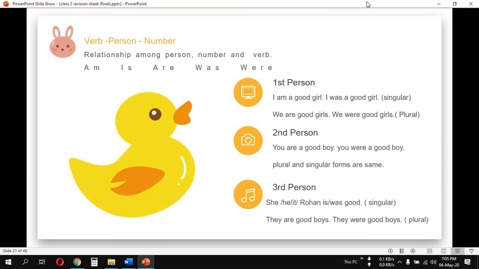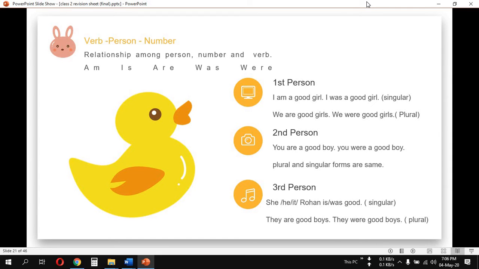We learned that first person singular, which is I, always takes am in present form and was in past form, and all the plural numbers for first person, second person and third person take are in present form and were in past form.